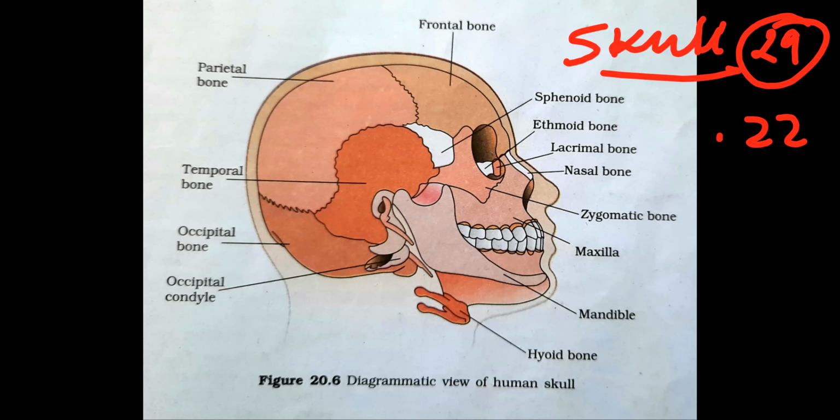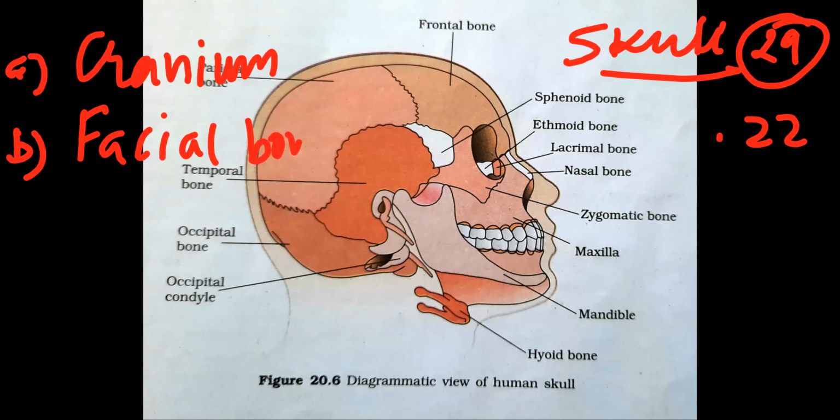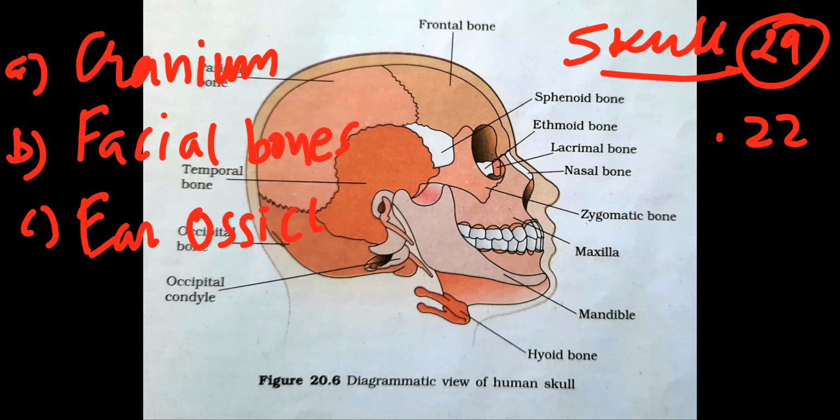This skull includes four subcomponents. Number one, the cranium. Number two, the face, which is made up of facial bones. Then the ear ossicles and the hyoid bone.